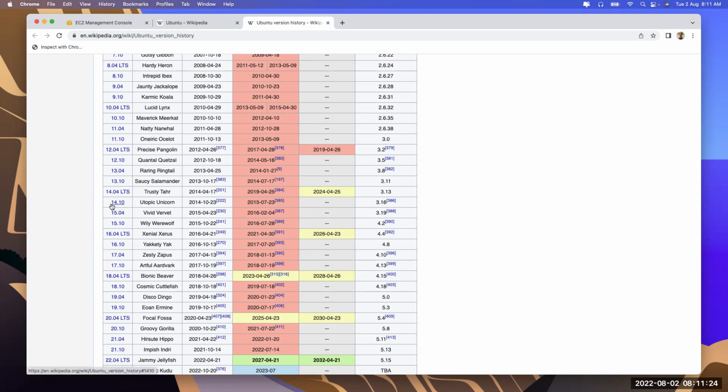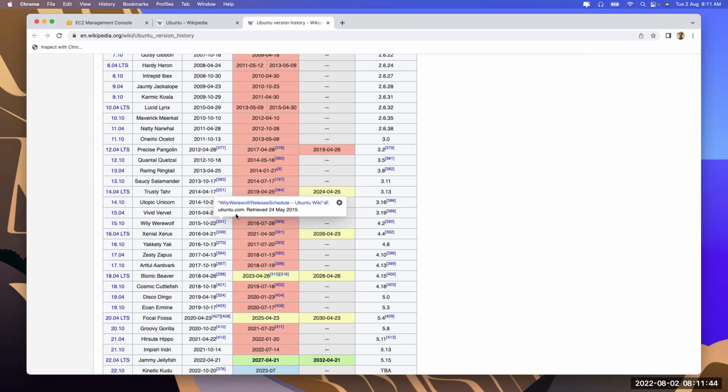Then in 2015 also something came in April. That is again not LTS. And then something again came in October 2015, which was again not LTS. In short, every even year in April, you will have an LTS.